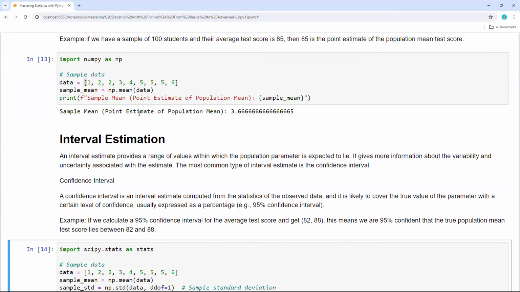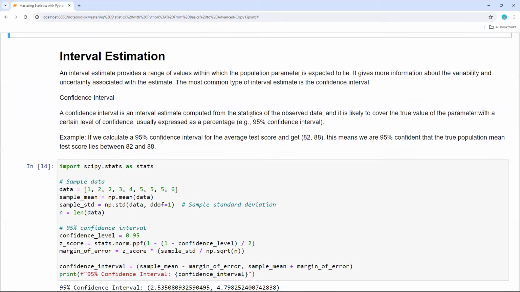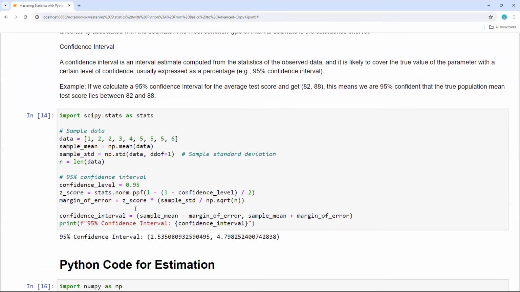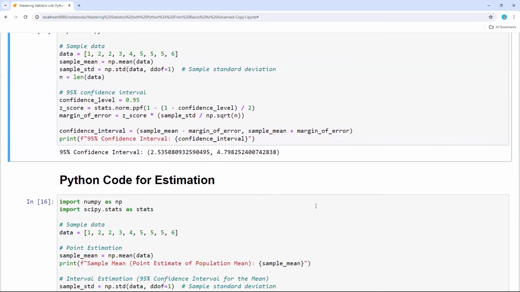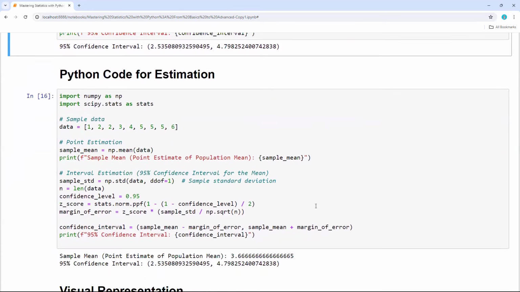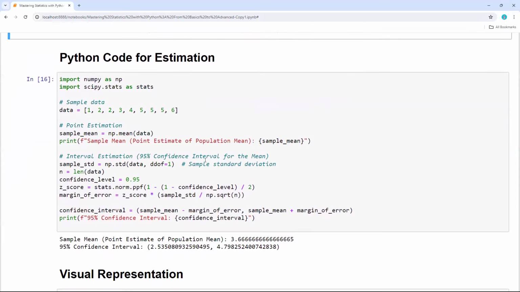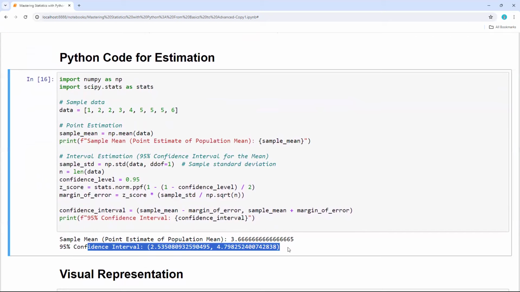Whereas if I calculate the mean value, I got 3.66. But here, with the 95% confidence level, I got the interval from 2.5 to 4.7. So this is how you can calculate it. And this is the code for estimation. You can see that for the same data, it gives me the point estimate and also the confidence interval.